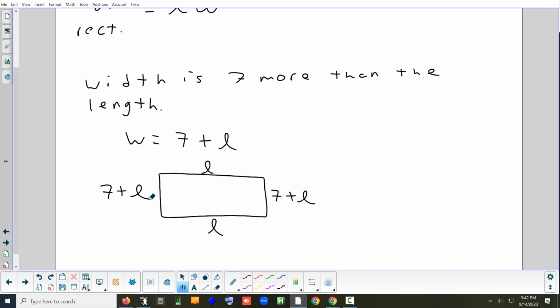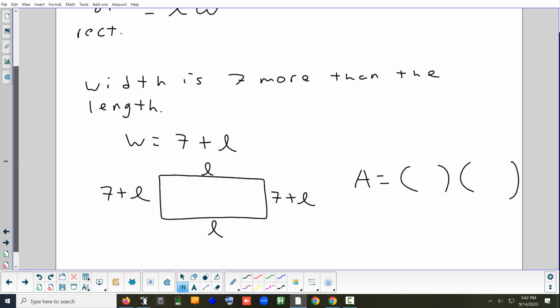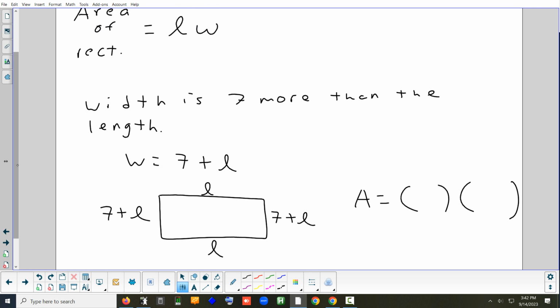Now, if I asked you to find the area of that rectangle, what would you write down in those parentheses? L times 7 plus L. Yeah, so L times 7 plus L. And you could FOIL that out and see what you get.